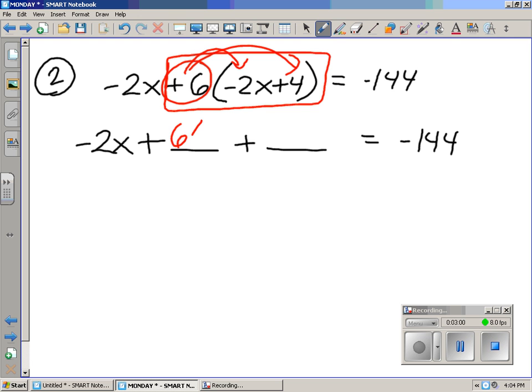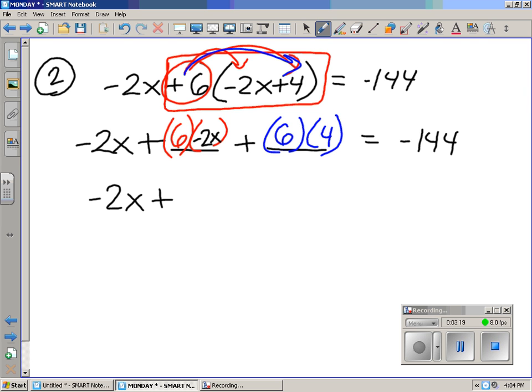I take the 6 and I multiply it by the negative 2x. And then I take the 6 and I also multiply it by the 4. And then I multiply. Negative 2x plus, I get a negative 12x when I multiply, plus 24 equals negative 144.